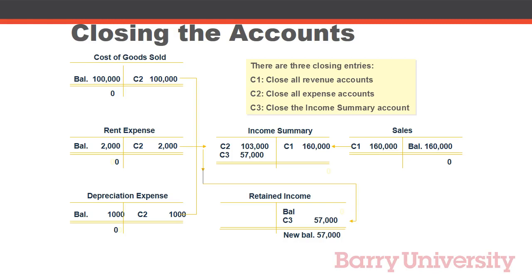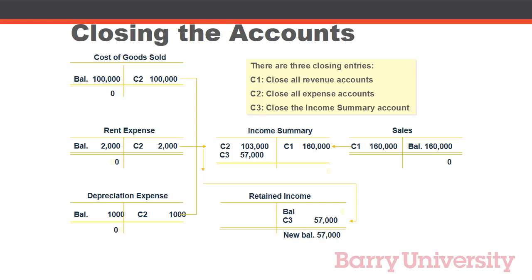On the left side, we have our expense accounts. They had debit balances: cost of goods sold, rent expense, and depreciation expense. We credited them for the same amount to zero them out. So we credited cost of goods sold with transaction C2 for $100,000. We credited rent expense for $2,000 to zero it out, and we credited depreciation expense in transaction C2 for $1,000 to zero it out.